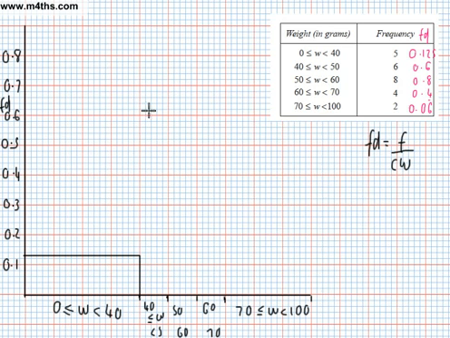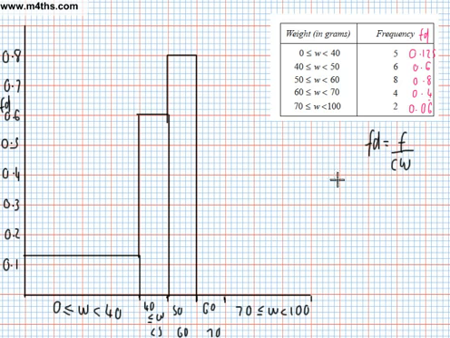The next one, 40 to 50, needs to be 0.6, which is going to be just there and just there. So now you can see that these bars are proportional to area rather than just being height related. Then we're going to have 0.8, which is the 50 to 60. I appreciate my accuracy isn't hugely impressive right now, but please, when you're doing it, take a bit more time.